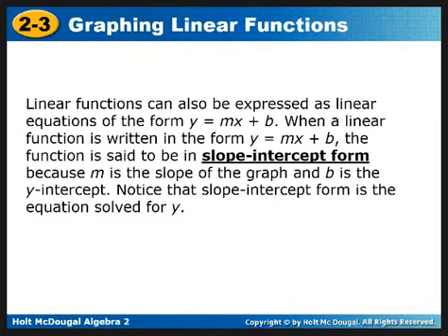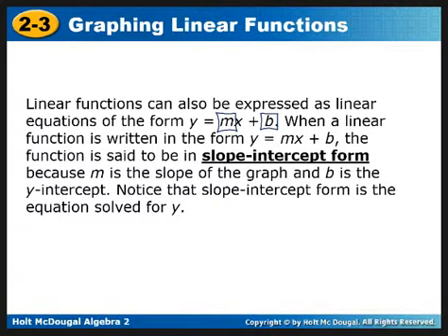Alright, now finally, we're going to get to the point where we talk about slope-intercept form. If you understand how slope-intercept form works, graphing lines, graphing linear functions, linear equations becomes very simple. The key is understanding what the m represents and what the b represents when we get something in this particular form.